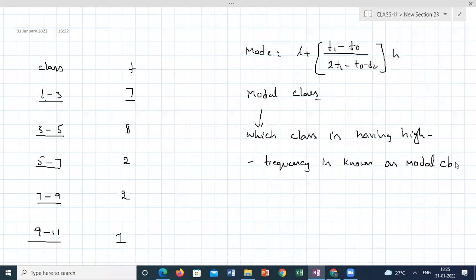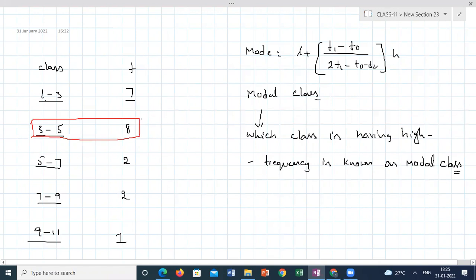Is it clear, guys? What is meant by modal class? Yes, sir. In this, what is the modal class? This is the modal class because 3 to 5 is repeated 8 times. This is my modal class. Agree, everyone?